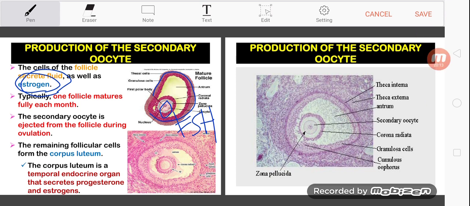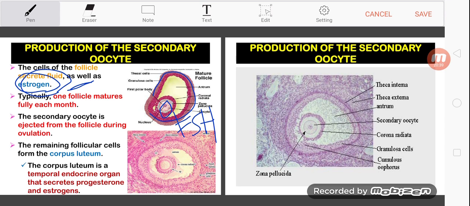give effect on the endometrium, the menstrual cycle. It will also give effect on the hypothalamus and anterior pituitary to regulate, hormonal regulation. So when estrogen is high, it will give negative feedback to the hypothalamus to slow down or stop GnRH, and the anterior pituitary to slow down the FSH and LH.